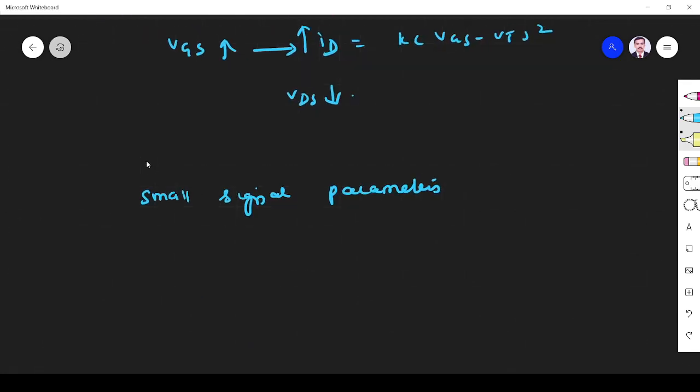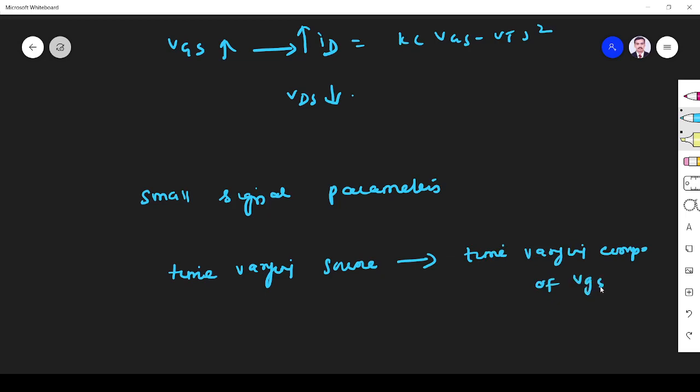We know that a time varying source will generate a time varying output, right? So what is the time varying component? A time varying source will give a time varying component of VGS. What is the reason?